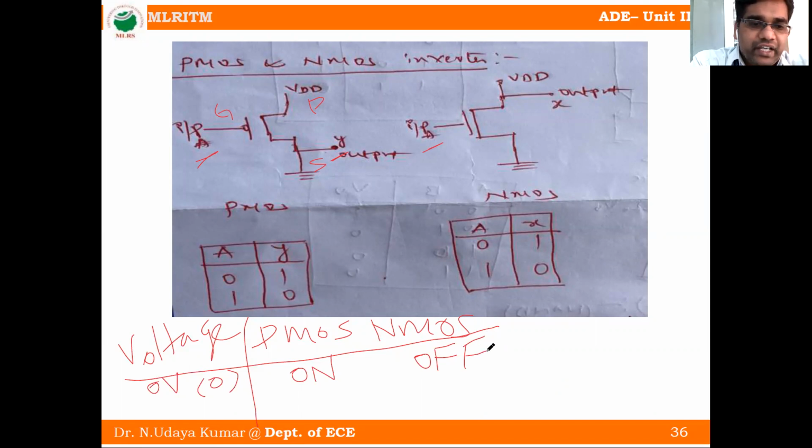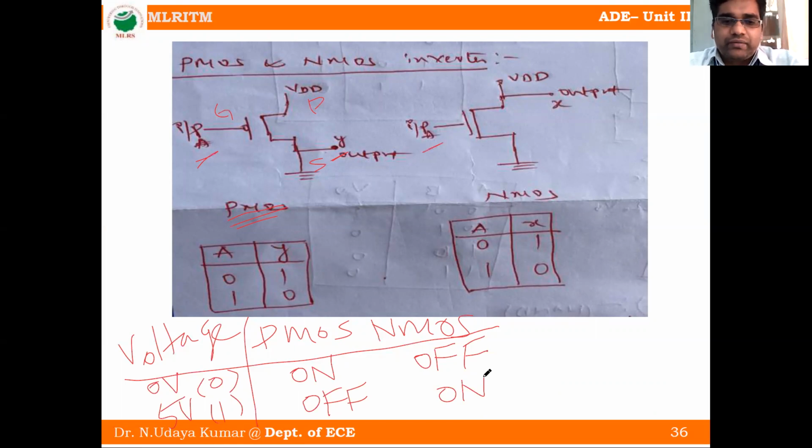Similarly, whenever high voltage, 5 volts, is given, that means logic 1. When 5 volts is given to the PMOS transistor, it is off. When 5 volts is given to the NMOS transistor, it is on.